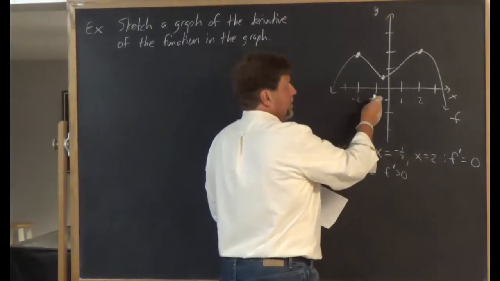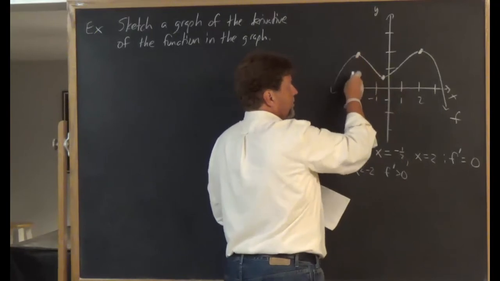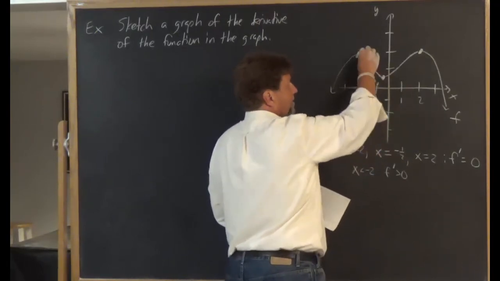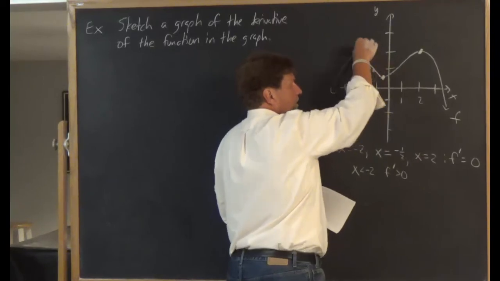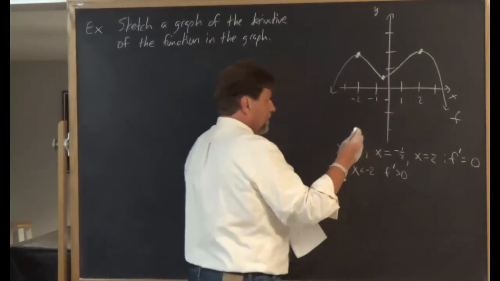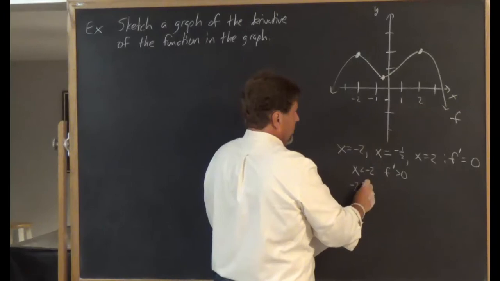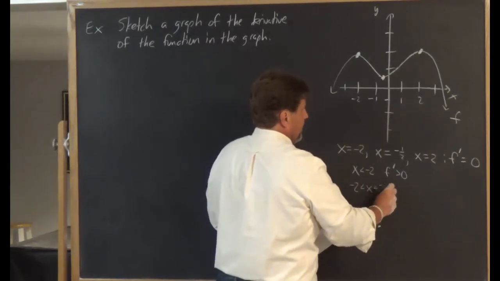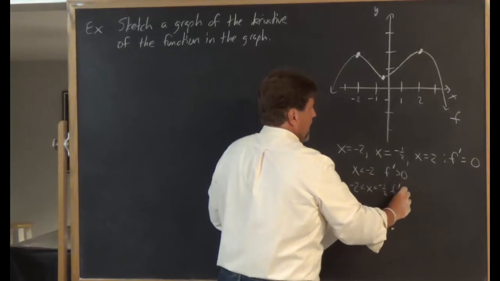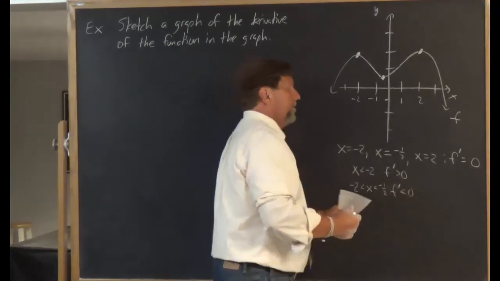From -2 to -1/2, it looks like any tangent line I would draw would have a negative slope. So let's make note of that. From -2 to -1/2, tangent lines would have a negative slope. So the derivative is negative.